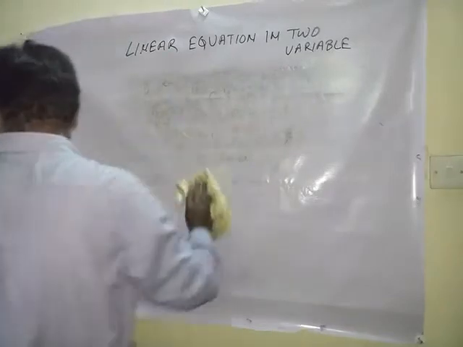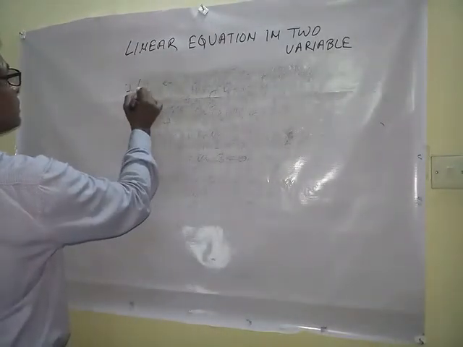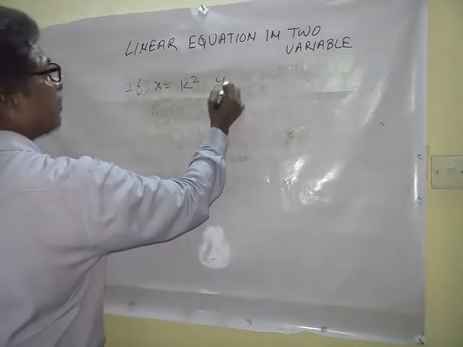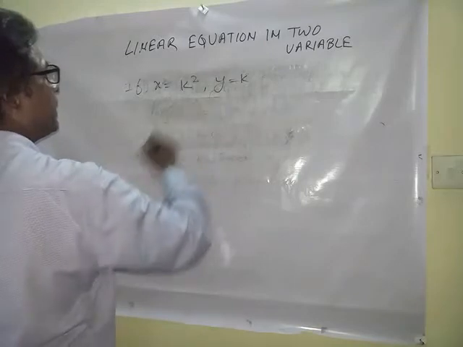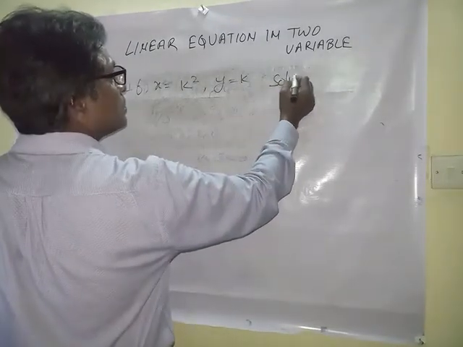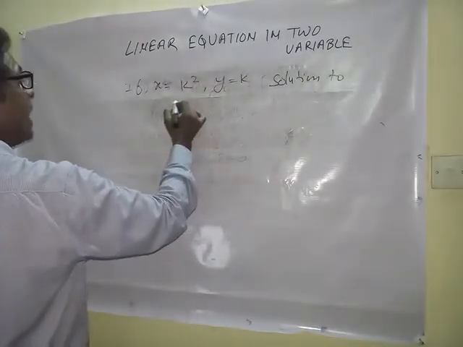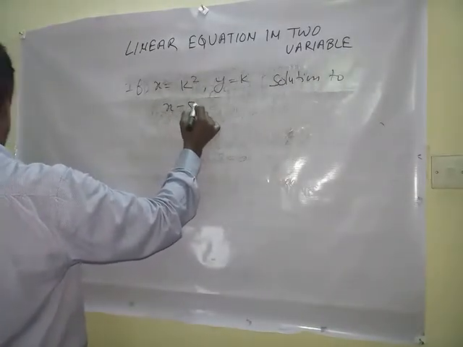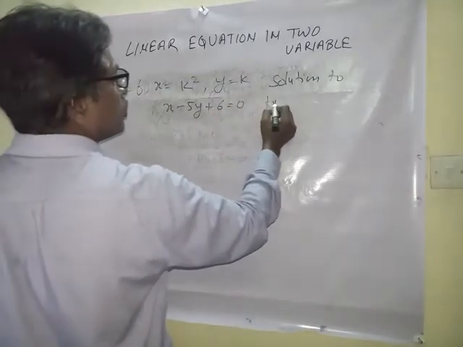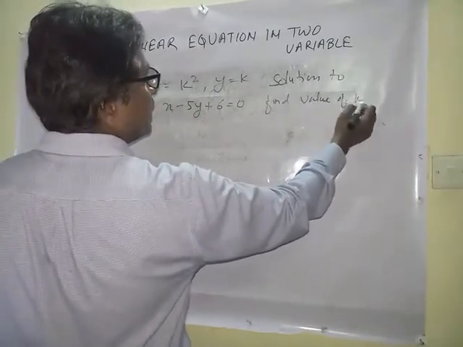Now another question is given: if x is equal to k square and y is equal to k is a solution to x minus 5y plus 6 is equal to 0, find the value of k.